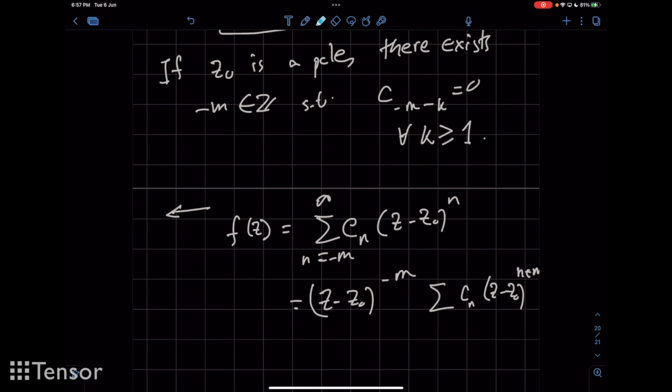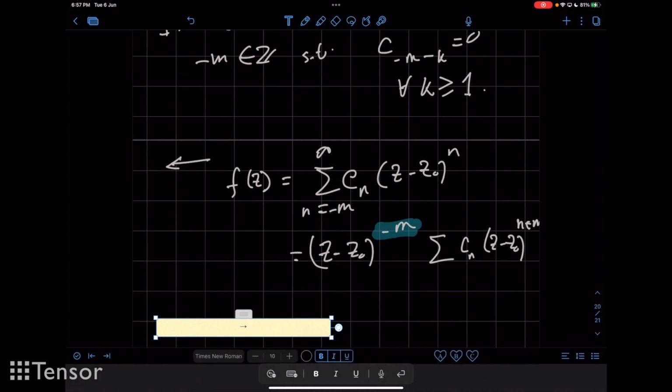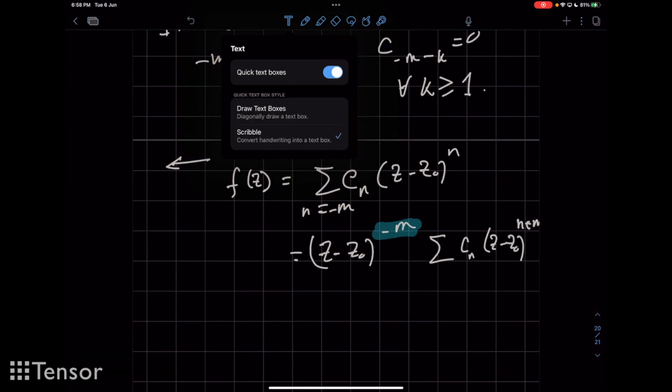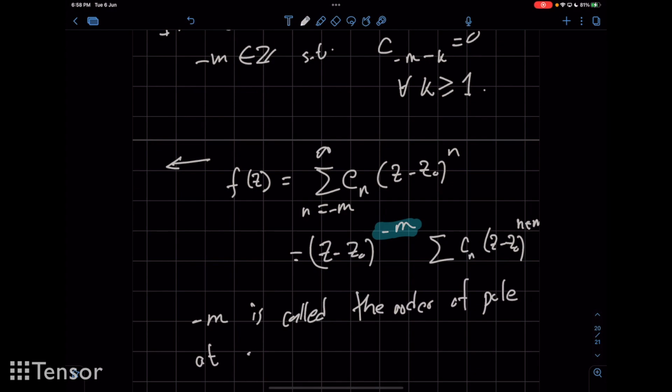And this negative m is called the order of the pole at z naught.